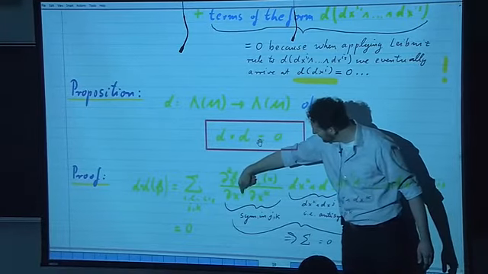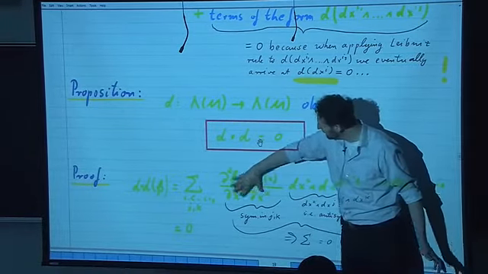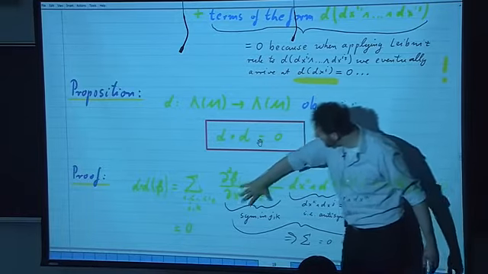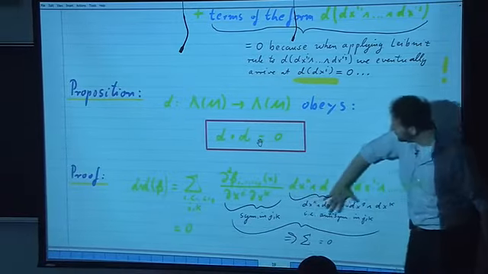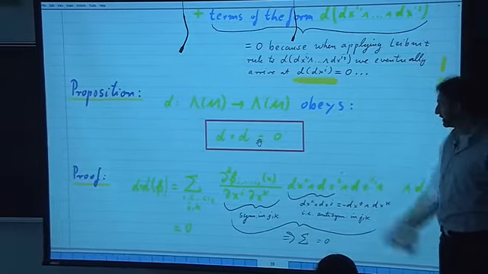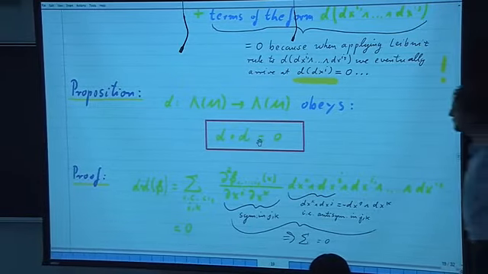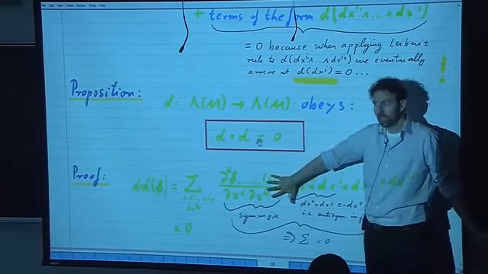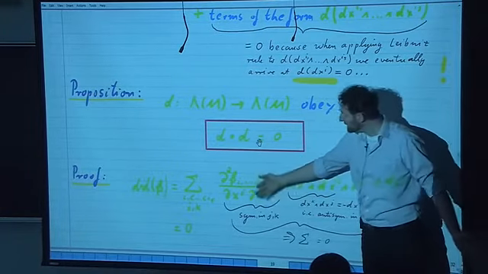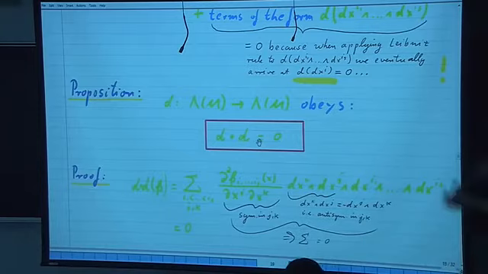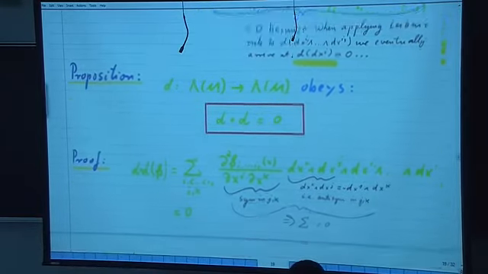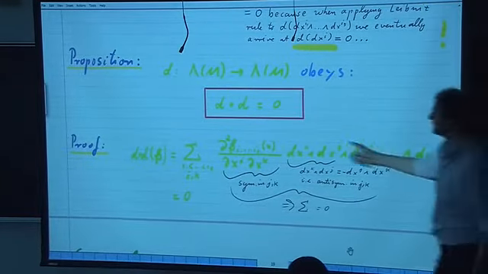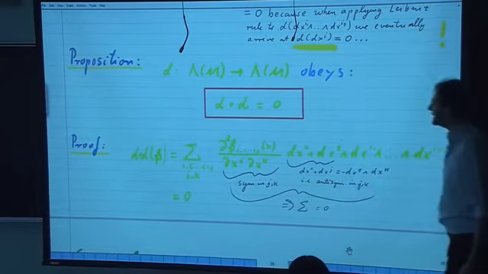If you first differentiate with respect to xj and then xk or the other way around, same thing. So you have a symmetric matrix multiplying an antisymmetric matrix that is always vanishing. So indeed, for purely algebraic reasons, this has nothing to do with geometry. It's really just algebra. Antisymmetric contracted with symmetric is giving you 0. For those reasons, we have that d squared is equal to 0. And that is amazing.